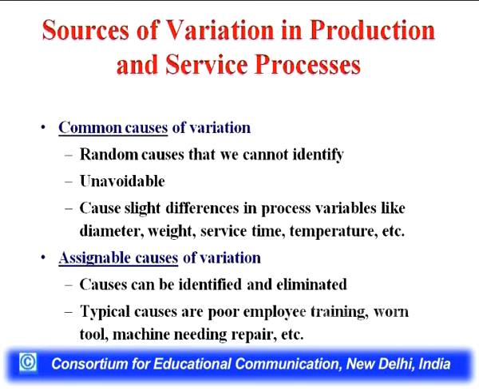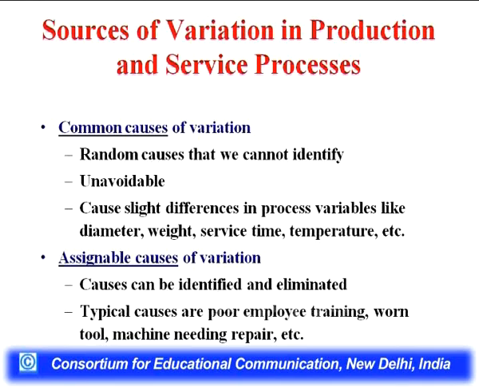We are looking for assignable causes, we are not looking for common causes. Assignable causes of variation, causes can be identified and eliminated. Typical causes are poor employee training, worn tool, machine needing repair, and these are assignable causes. We have to identify these causes and to get rid of these causes.